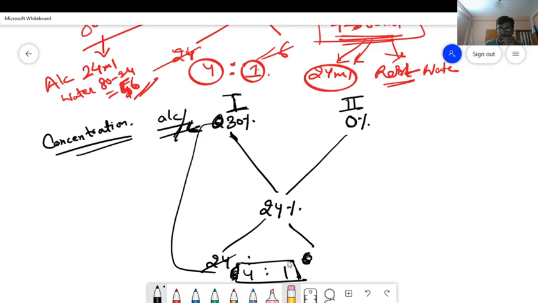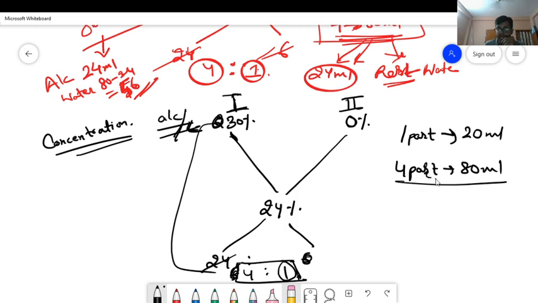So this one part was added, right? One part was added, and how much was added? 20 ml. And four parts will be 80 ml then, which was present earlier.